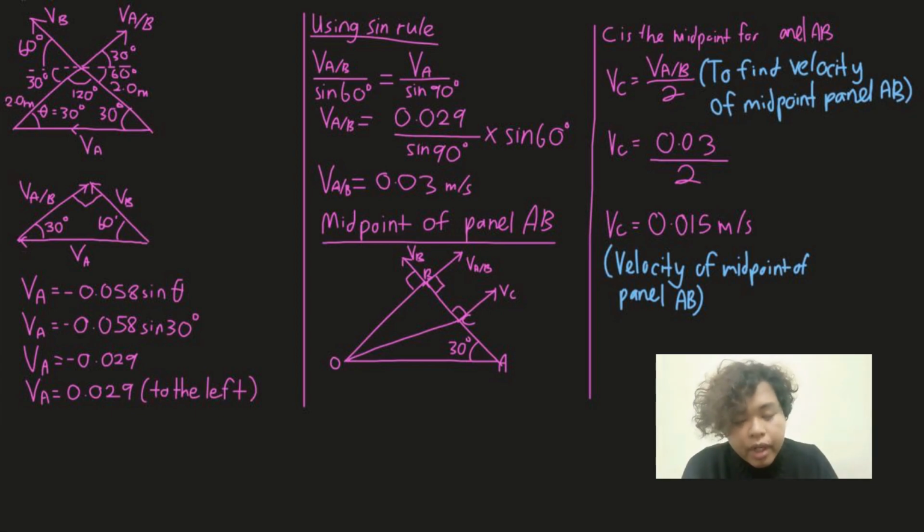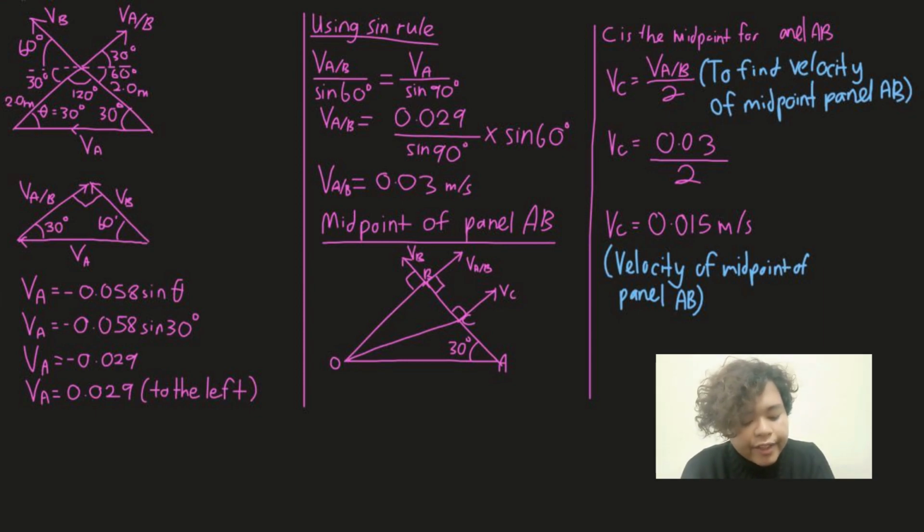So when we are finding the midpoint of panel AB, I indicate the midpoint of panel AB as C, so we can find VC. The direction of VC is similar to the direction of VAB.